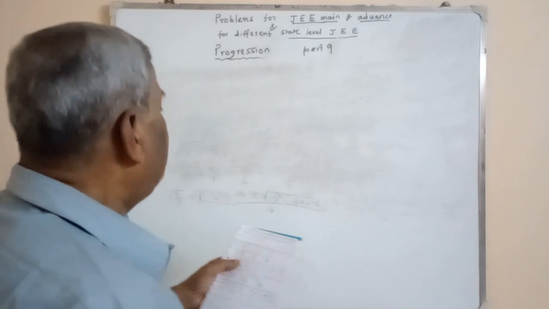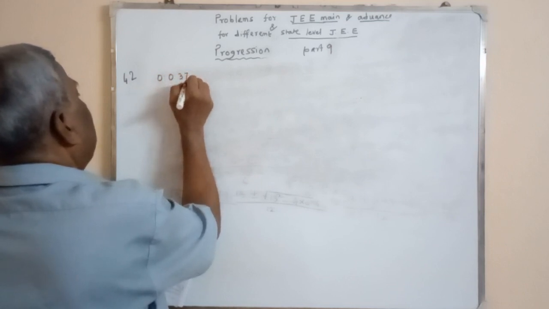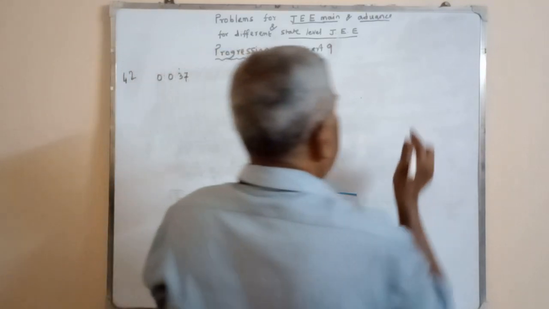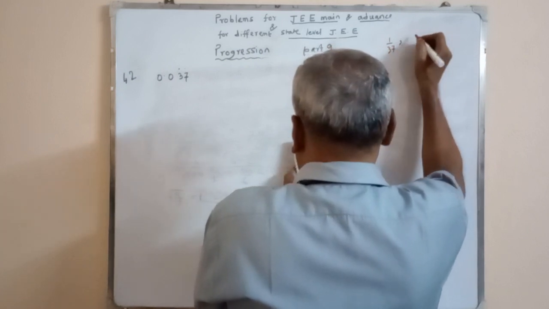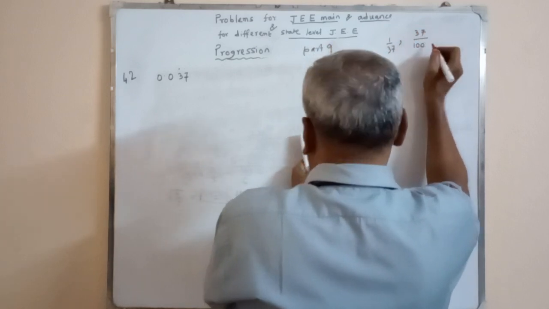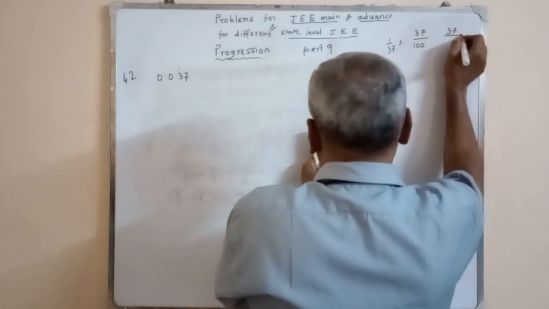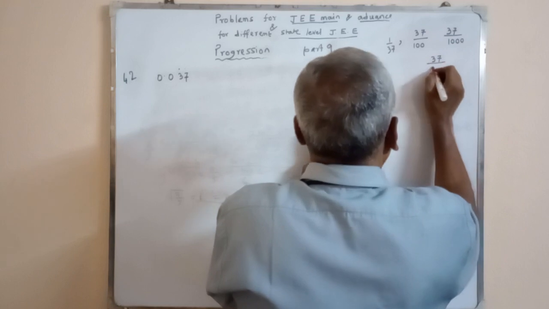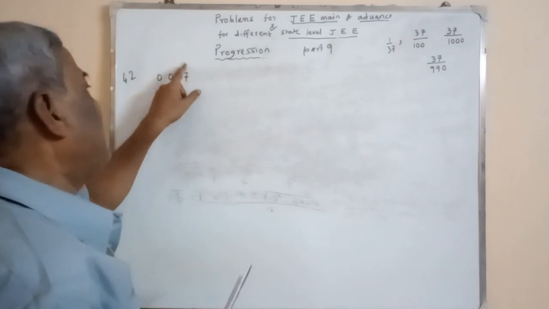It is the value of 0.037 recurring, equal to options: 1 by 37, 37 by 100, 37 by 1000, 37 by 990. Value of that 37 recurring.